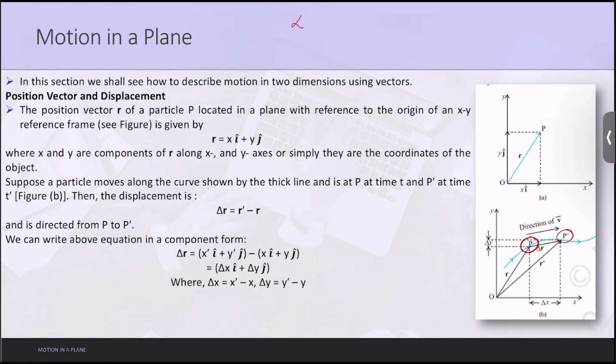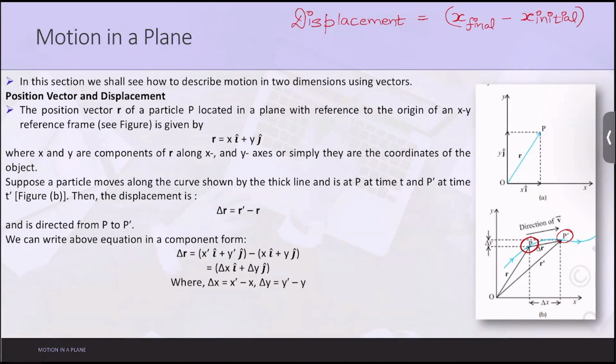We understood the definition of displacement in the chapter of motion in a straight line. So displacement is nothing but equal to final value of x minus initial value of x. Because that was motion in a straight line, everything was being done in terms of the x-axis only.